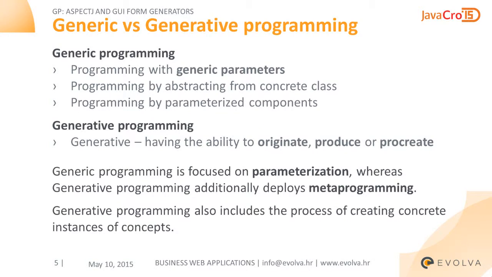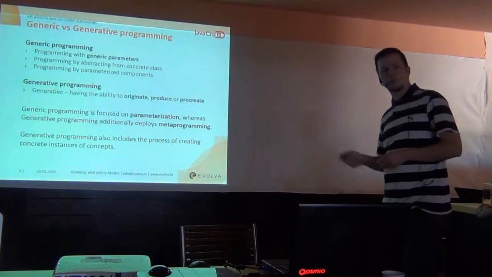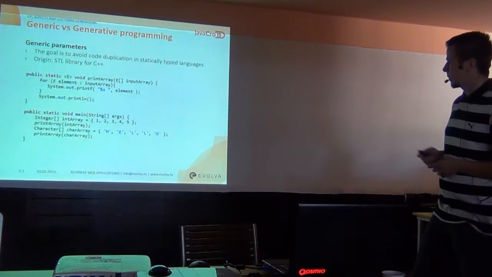In generative programming, the word generative from the English dictionary means to have the ability to originate, create, or produce. So the basic difference is that generative programming includes the process of creating concrete instances. One other difference is that generic programming is focused on parameterization, and generative programming deploys metaprogramming. We're going to talk about metaprogramming in the following slides.